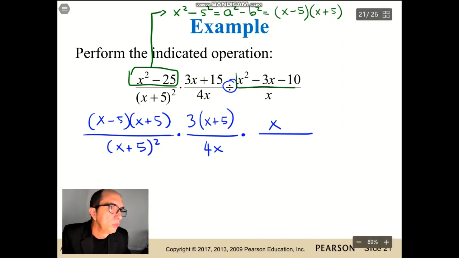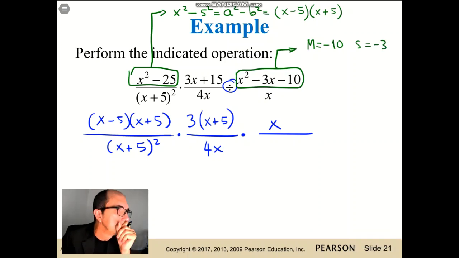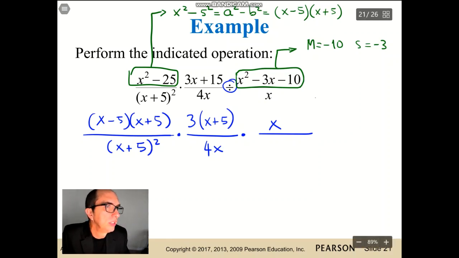Find for this one two numbers that multiplied equal negative 10 and sum to negative 3. Let's think a little bit, and of course we can use 5 or negative 5 and 2.